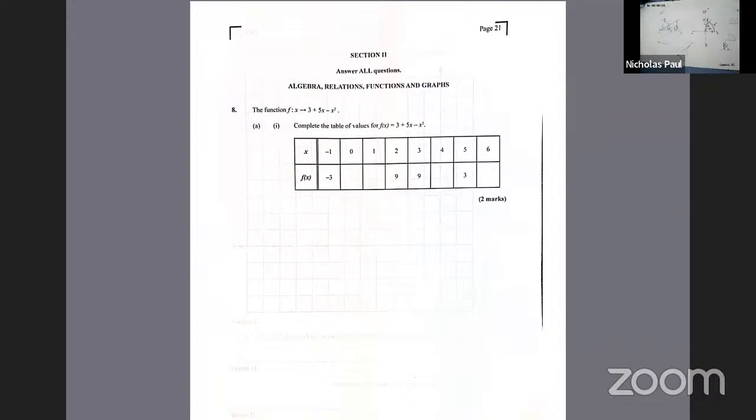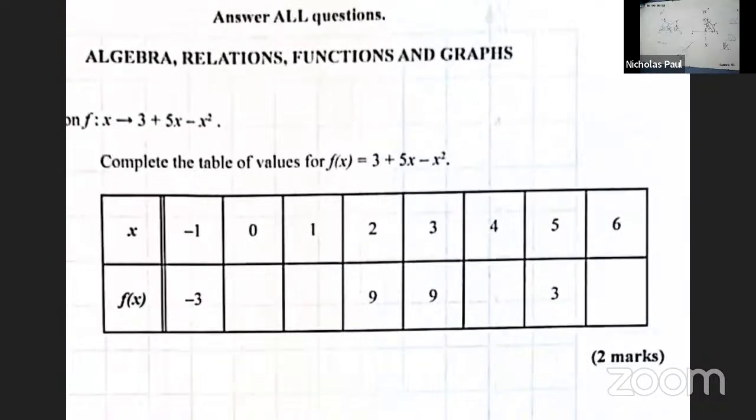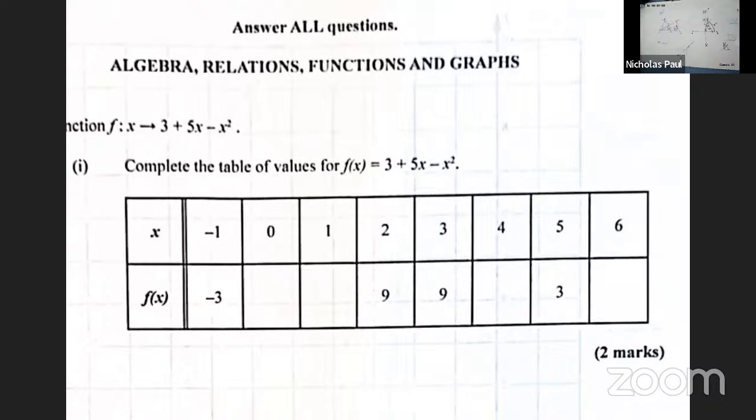Can you show the calculations to find which one? -3. For this one, you mean for 6. So that'll be 3 plus 5 by 6 minus 6 squared.